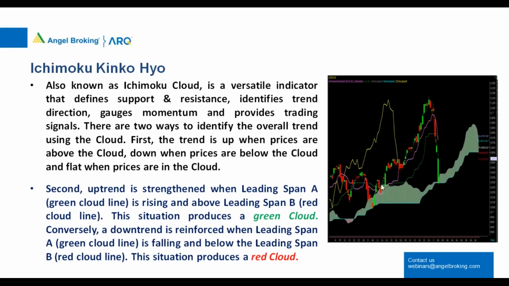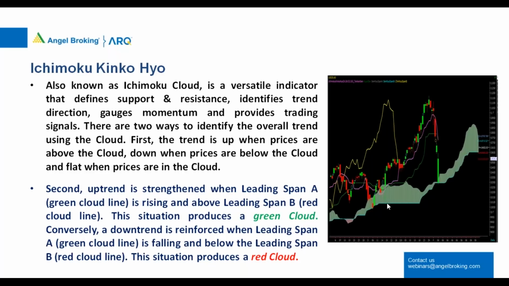Secondly, the uptrend is strengthened when leading span A, that is the green cloud line, is rising above leading span B, that is the red cloud line. This situation produces a green cloud. What you need to simply understand here, and I'm just repeating it once again, is that if prices are above the green cloud, that means the overall trend is positive.